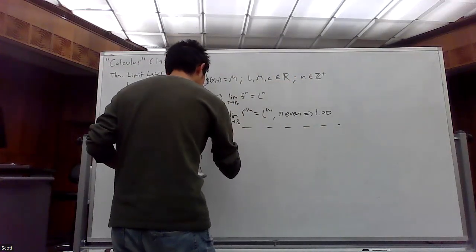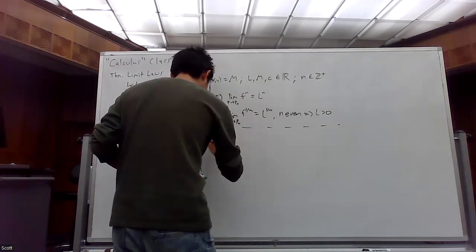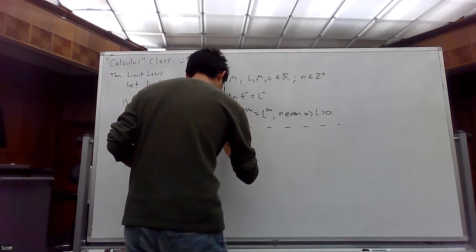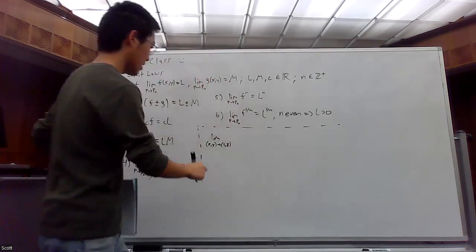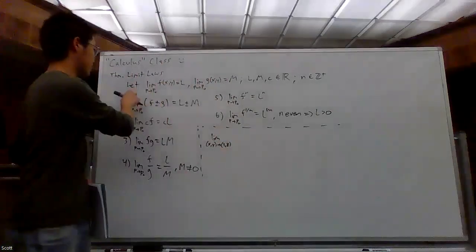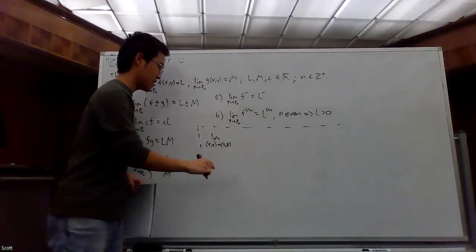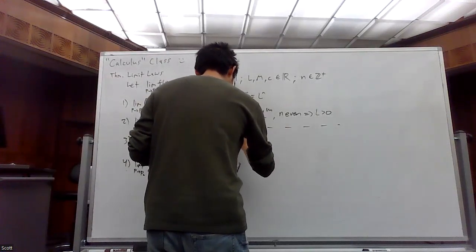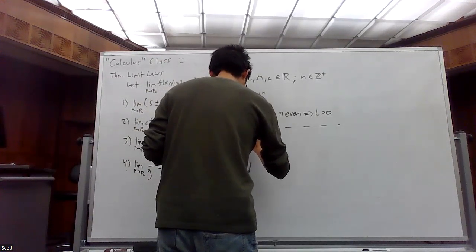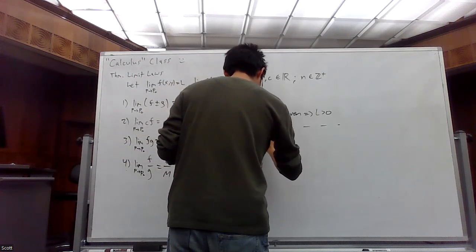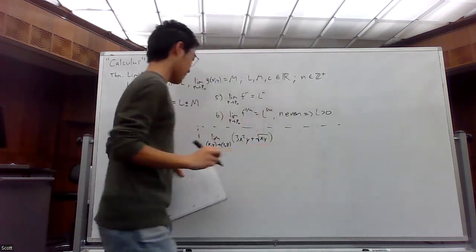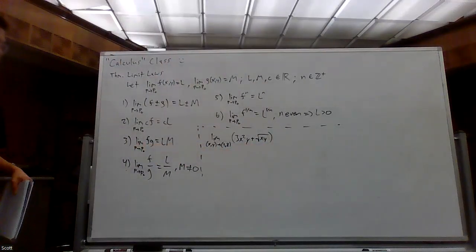Okay, so the limit as (x, y) goes to (2, 8), so this is kind of how you'll apply it instead of just staying in P and P naught, of 3x squared y plus the square root of x times y. I'll give everybody a chance to write that down.